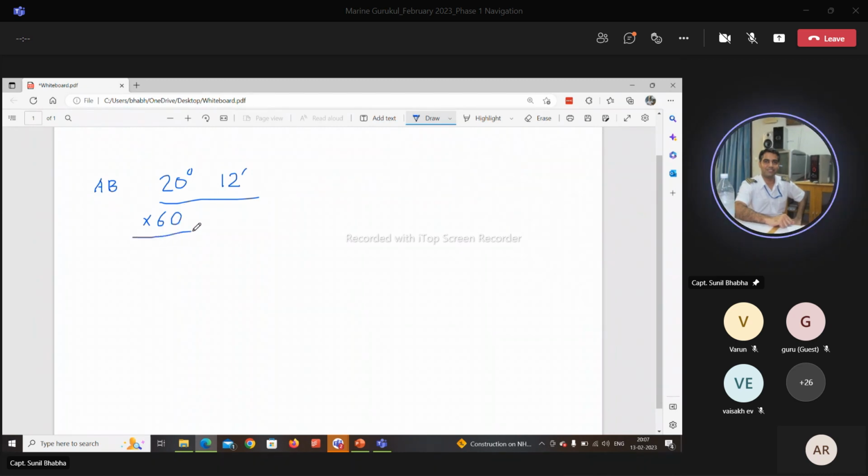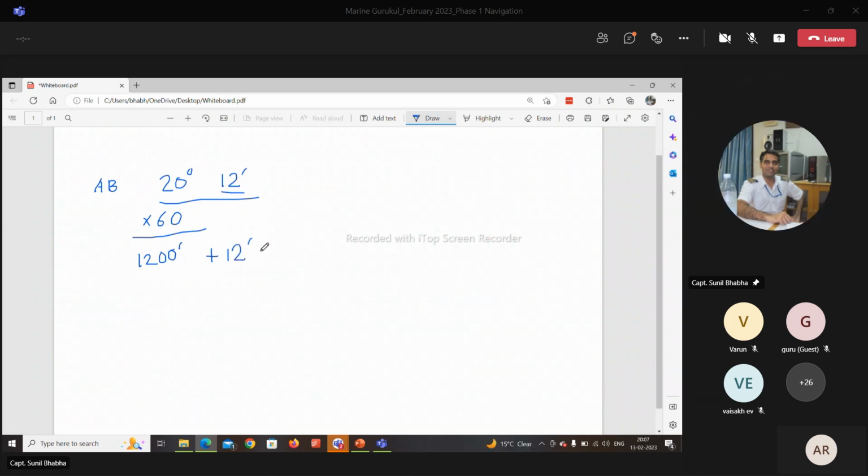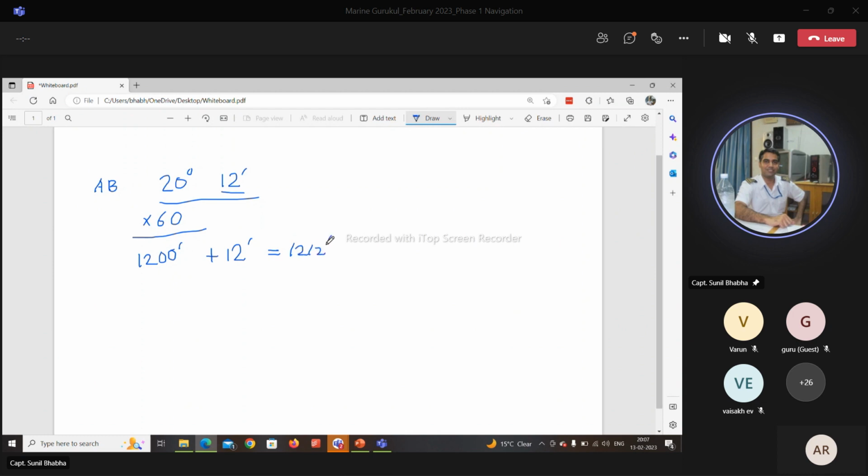So when you multiply it with 60, it gives you an answer of 1200. So 20 degrees converted into minutes is 1200 minutes, plus the number of minutes which you had. This was 12. So you add this to the value and you get an answer of 1212 nautical miles. This is your answer for great circle distance. The great circle distance is 1212 nautical miles and not 20 degree 12 minutes.